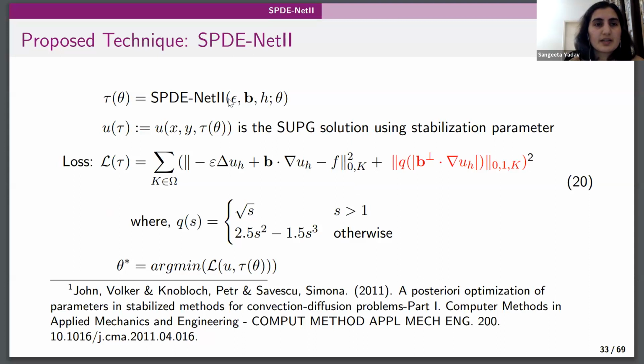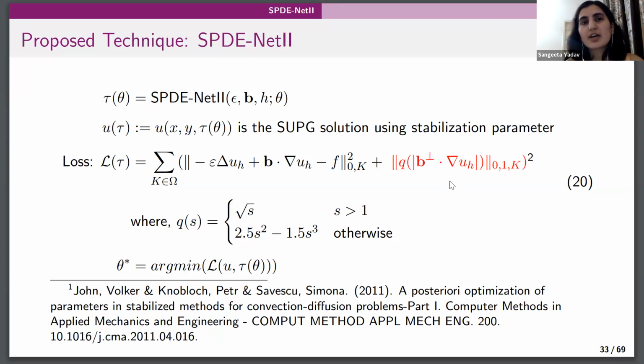This is SPDNet2. In SPDNet2, tau theta is dependent on epsilon, b, and h, and we use this tau to get the SUPG solution u. And in the loss function, the first term is the strong form residual of the PDE as we use in PINNs. And the second term is very important.